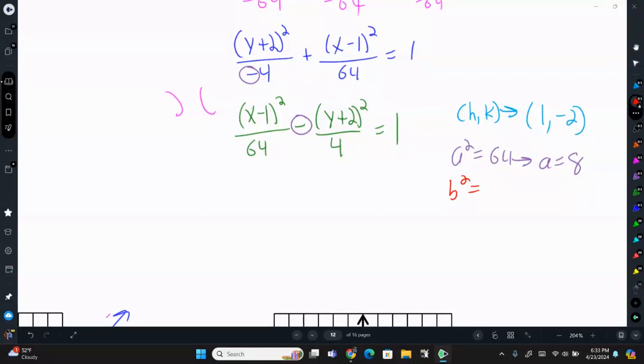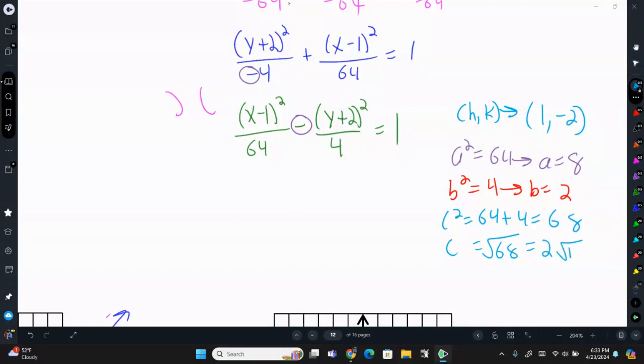B squared is equal to 4, so b is equal to 2. C squared is going to be a squared plus b squared, which is 68. So c is equal to the square root of 68, which equals 2 times the square root of 17.